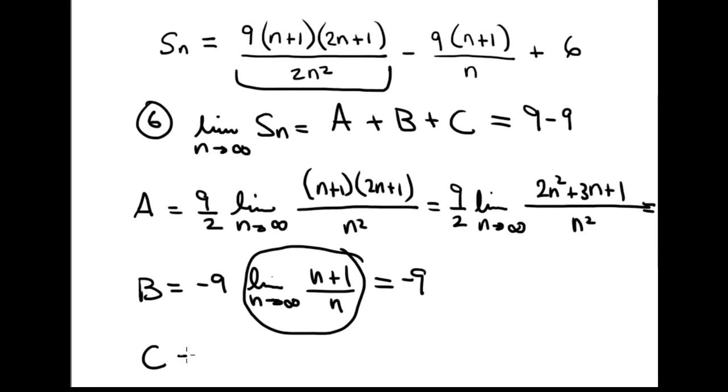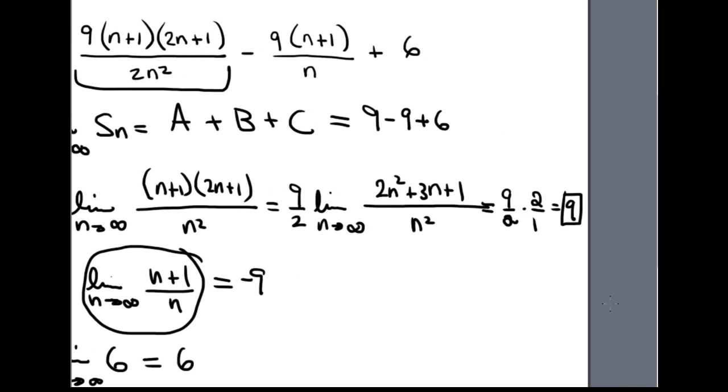And C is obvious: the limit when n approaches infinity of 6 is 6. So plus 6, and the answer for our definite integral is, this and this cancel out, 6.